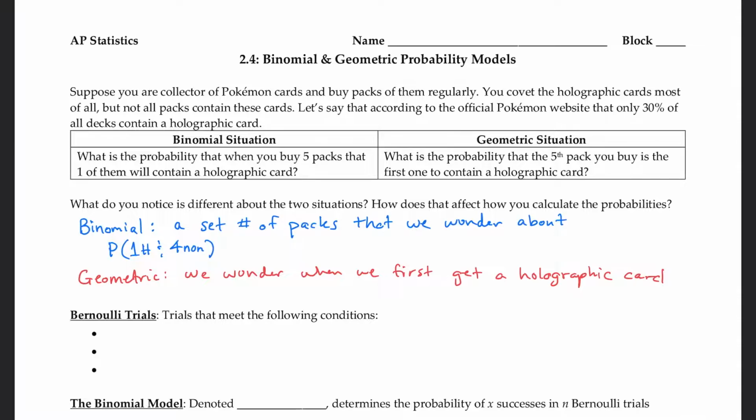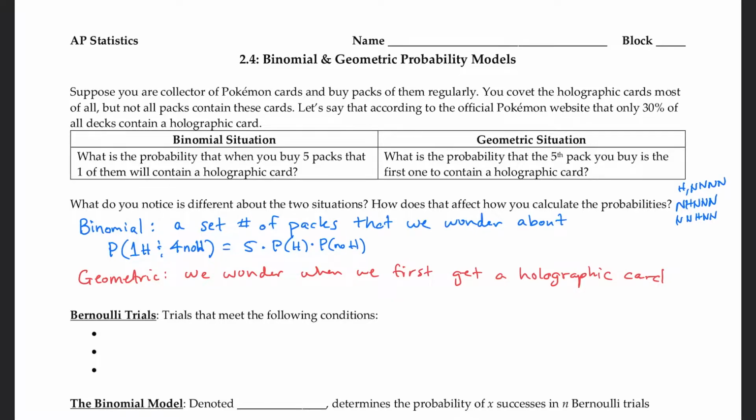The first pack could have a holographic card and then 4 don't, or the second pack could be where it is, or the third pack, and so on and so forth. So there are 5 different ways for me to get a holographic card from 5 packs. So when I go to calculate that, I'll be thinking, there are 5 ways to do it, and it's the probability I get a holographic card times the probability I don't get a holographic card.